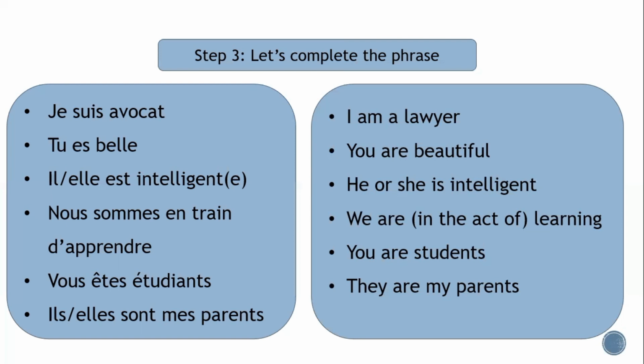So then il est intelligent means he or she is intelligent. And nous sommes en train d'apprendre means we are learning. So if you are in a process of doing something, like in the act of doing something, use en train de. If you want to say we are eating, it will be nous sommes en train de manger.